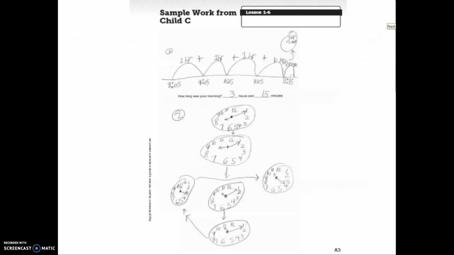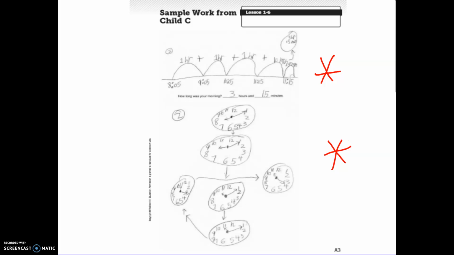Now this person did a number line. Theirs started at 8:05 and went to 11:15. They showed their work 2 different ways. We didn't have to do that, but this person did. They used a number line and they showed it in their clocks.